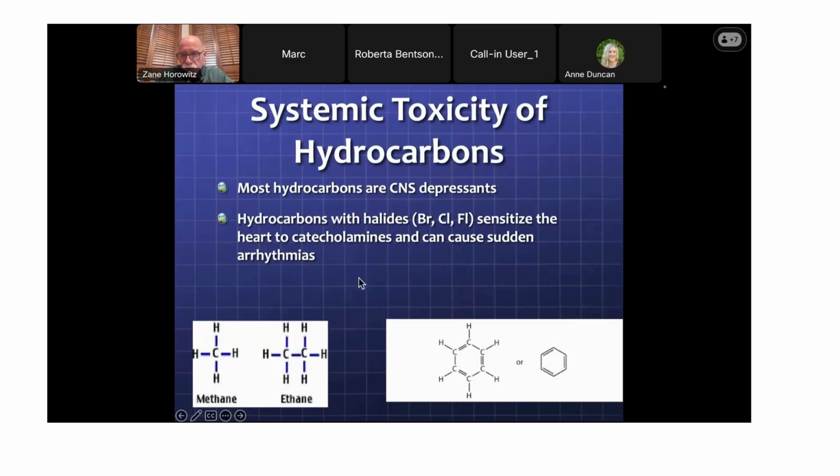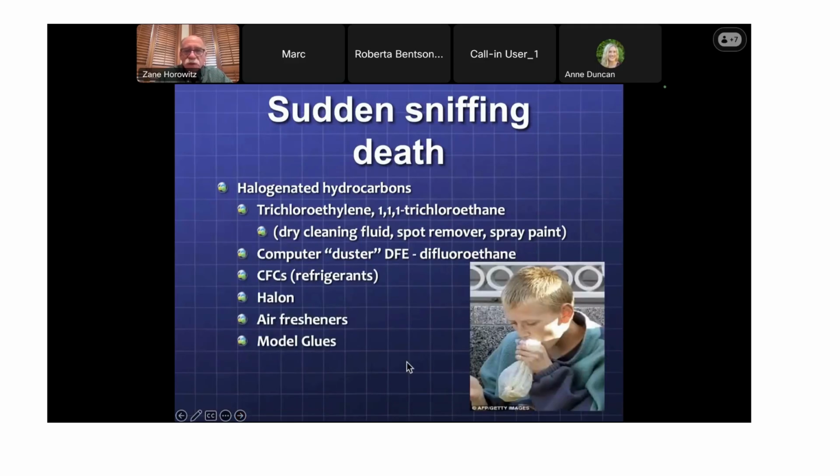But the halogenated hydrocarbons, the ones with lots of halides on them, sensitize the heart to catecholamines. So if you have a sudden anxious or startle response, catecholamines are released, adrenaline is released, and the heart can have a sudden arrhythmia. That's what we call the sudden sniffing death syndrome, which we mentioned yesterday. This tends to be a younger children, middle school problem.